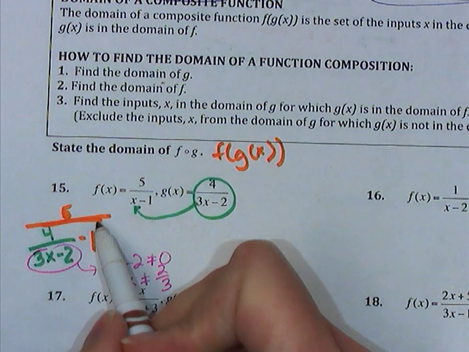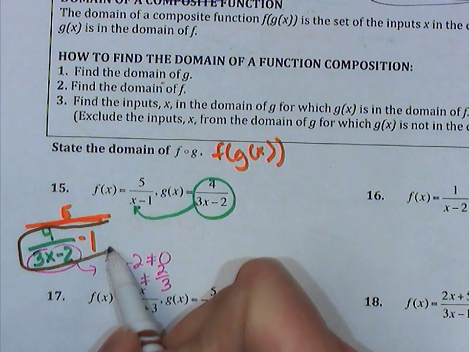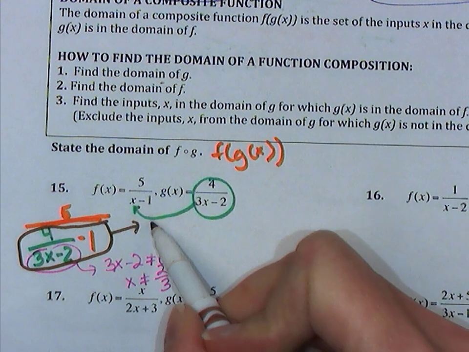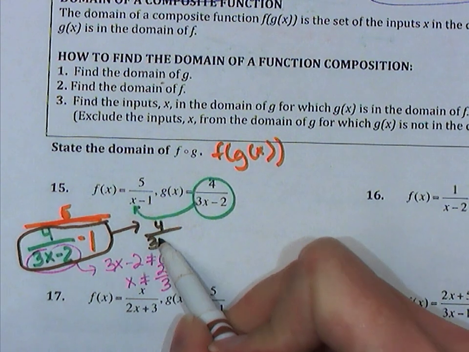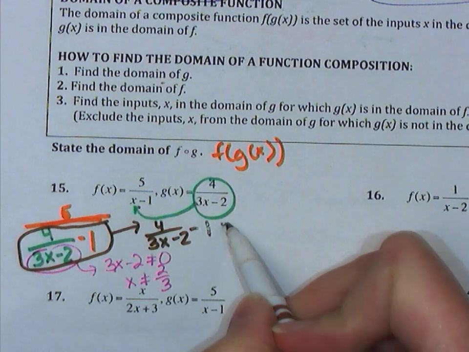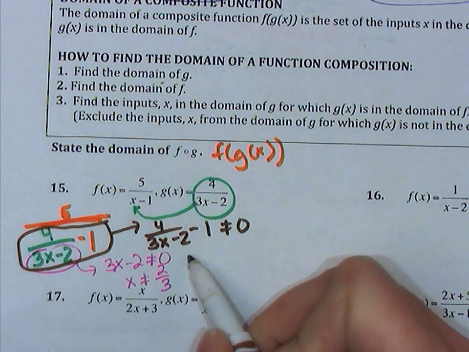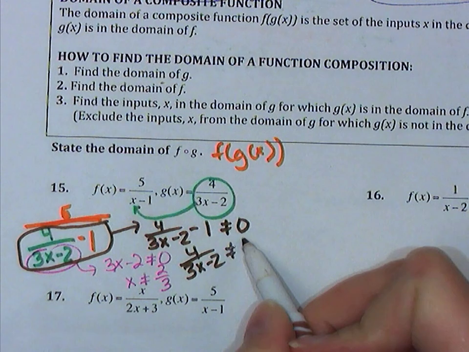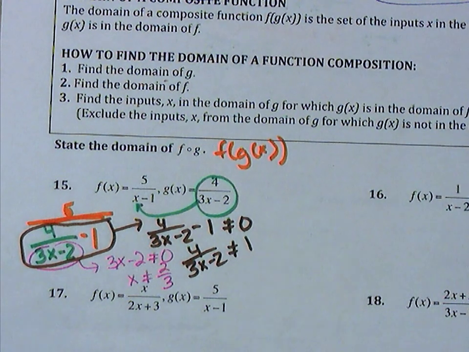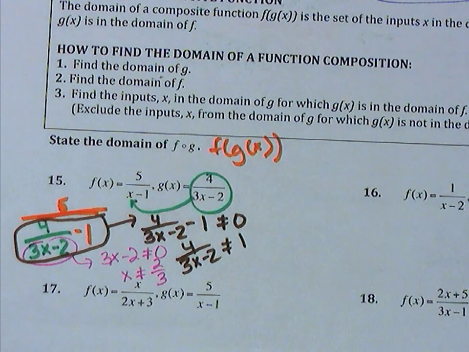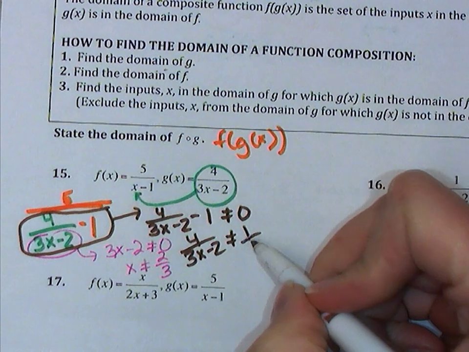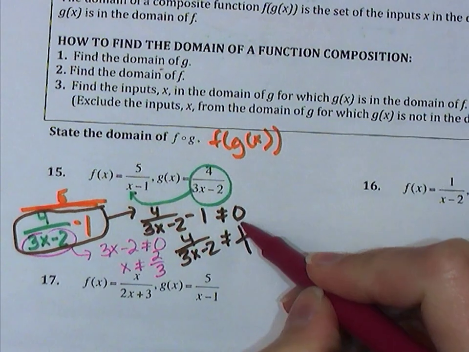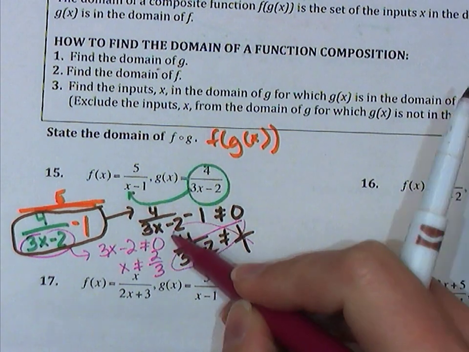Likewise, you have this big denominator. That also cannot equal 0 because you're not supposed to divide by 0. So add the 1 over, multiply. You could do a proportion also. I might just show you a proportion. If you make this 1 over 1, then remember you can just cross multiply.